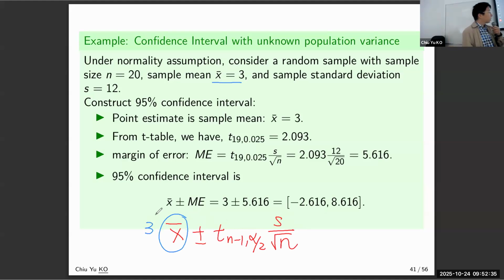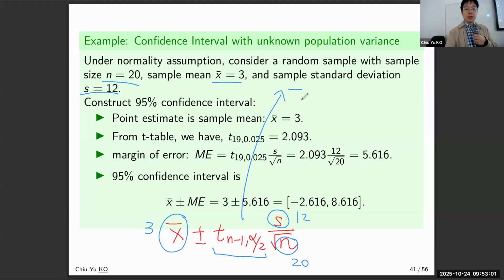Just to remind you that your 3 will be your point estimate, your best guess. Your sample size is 20, so it's here. S is 12, it's also here. What remains is this guy.